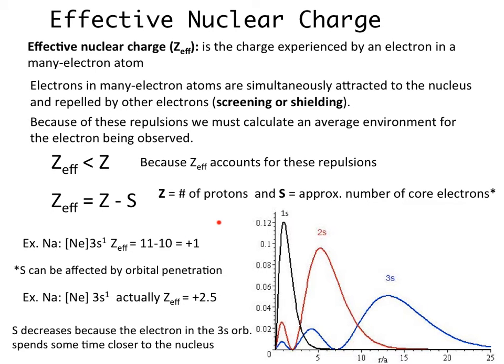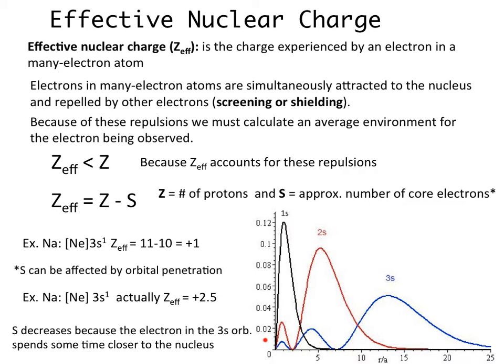Now, your S value, or that environment created by those electrons, can actually be affected by something called orbital penetration. We've talked about probabilities of where electrons are going to reside, and we've talked about them with respect to these orbital distribution diagrams. If you look at these, notice, for instance, the 2s orbitals: there's a very high probability of the electrons being this distance from the nucleus.